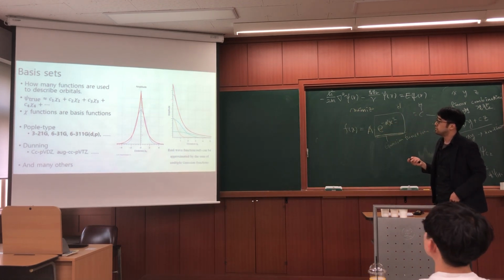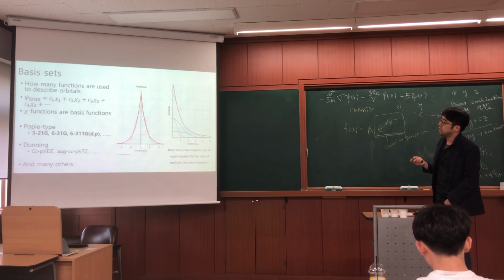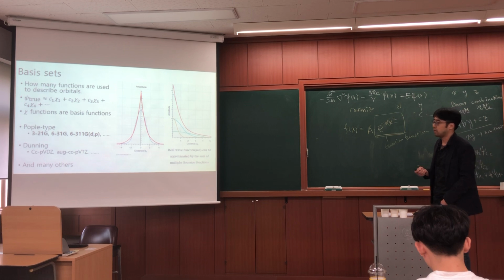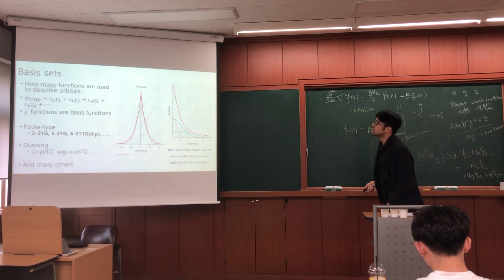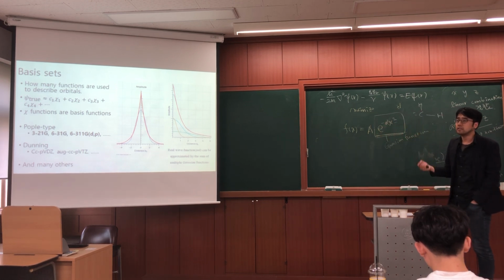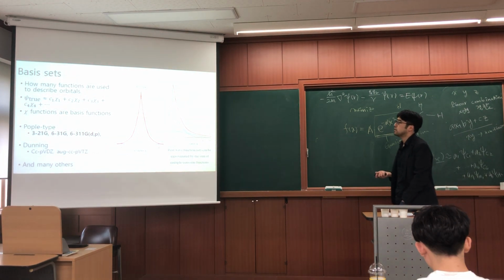So we can see that the sum of these three Gaussians is better than this one Gaussian. If we add many functions here, then we can approximate this wave function quite accurately. So that is the basic concept of basis set.